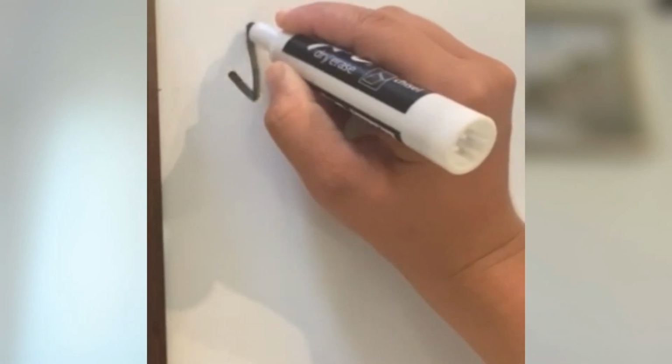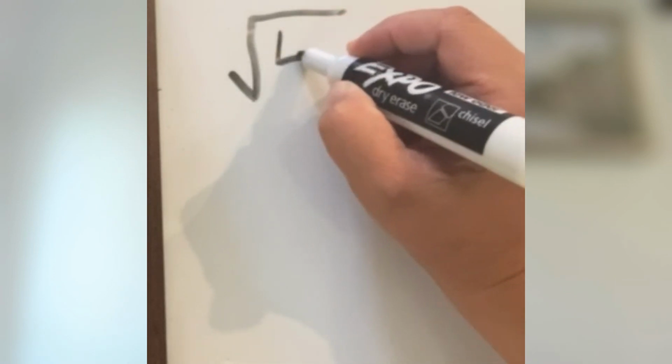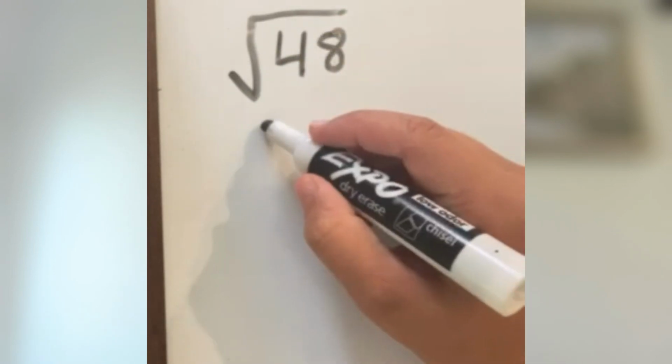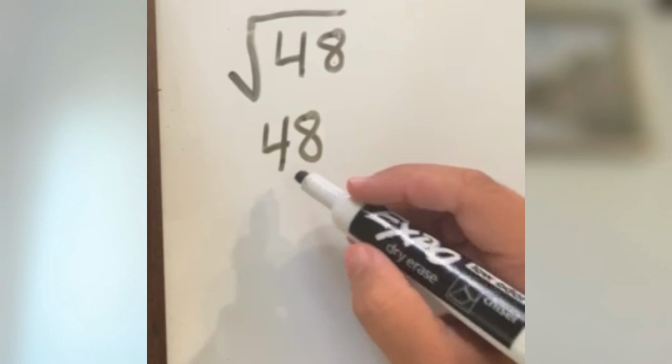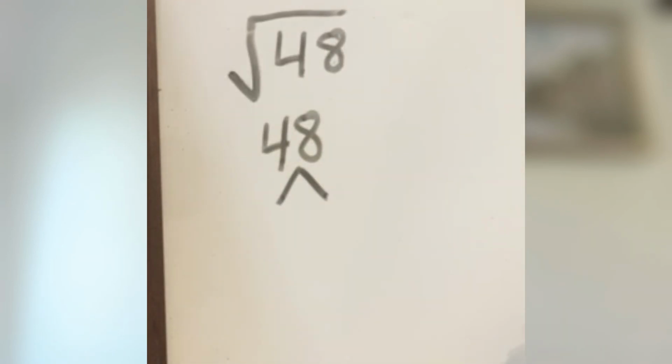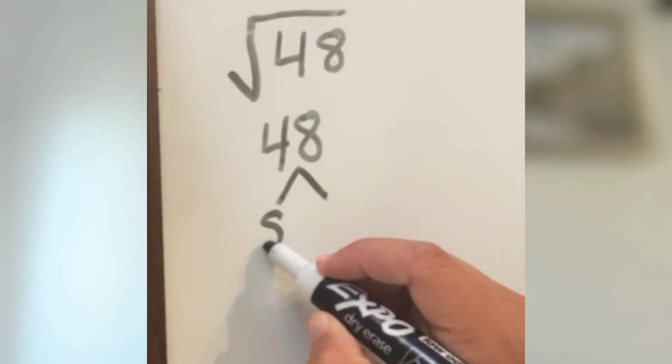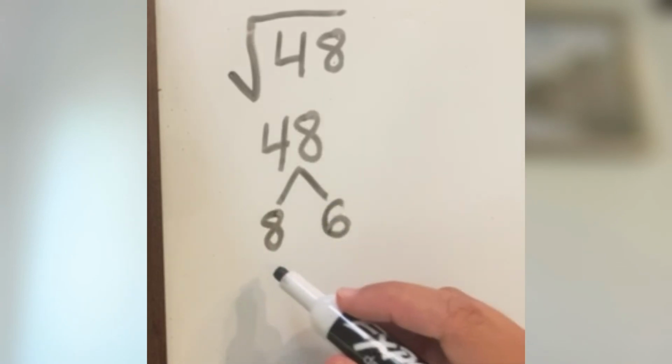All right, let's try another example. Square root of 48. We're going to take 48 out, and we're going to do our prime factorization tree. Well, 8 times 6 can get us 48.